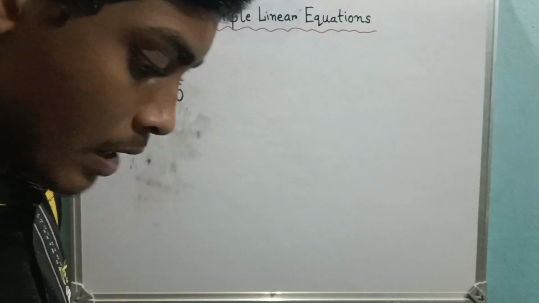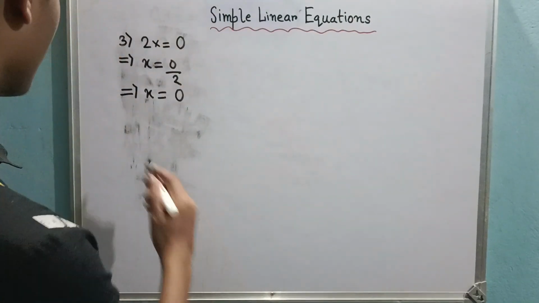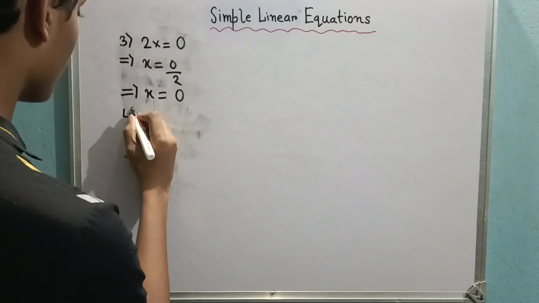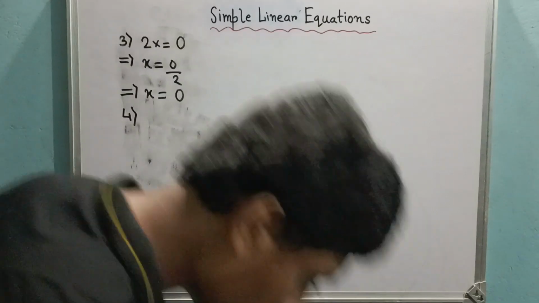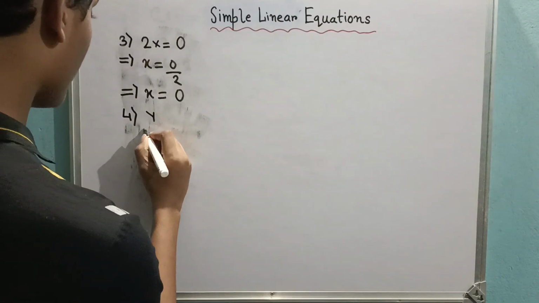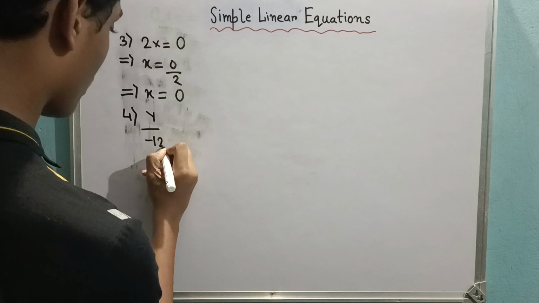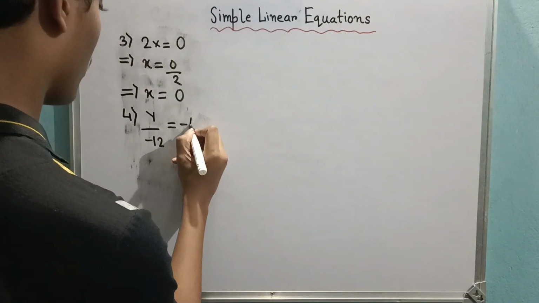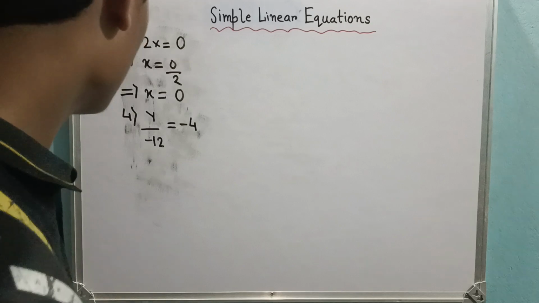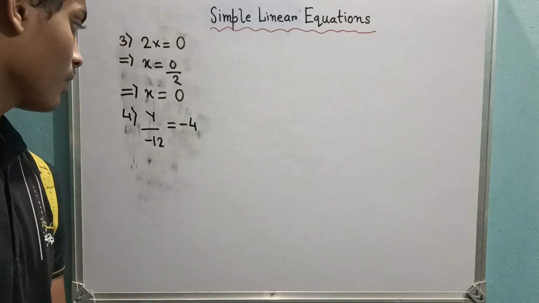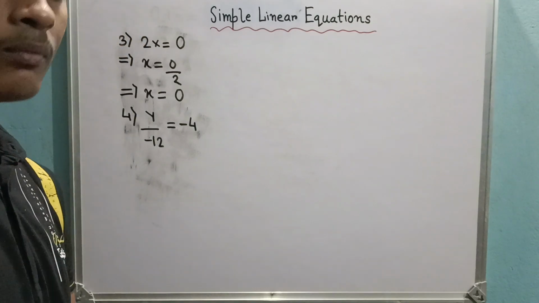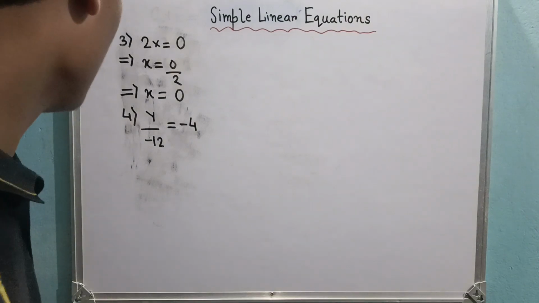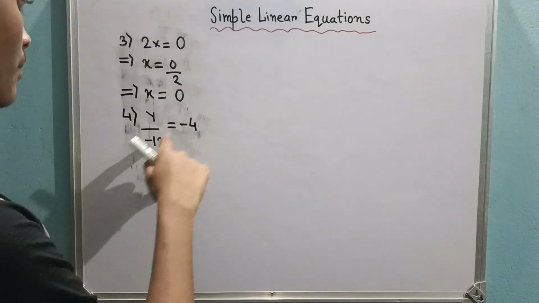Okay, here we have a slightly good question. It is given y divided by minus 12 is equal to minus 4. So here we have to do a simple multiplication. So guys, we have to shift this minus 12 to this side.